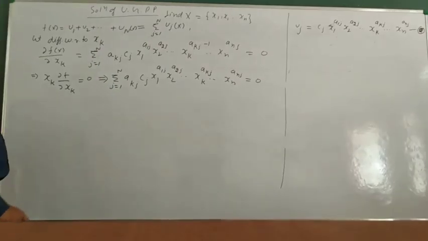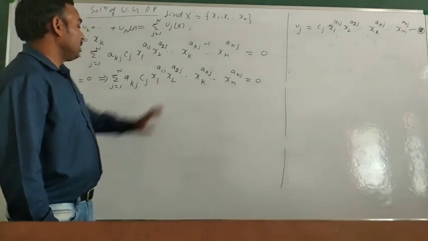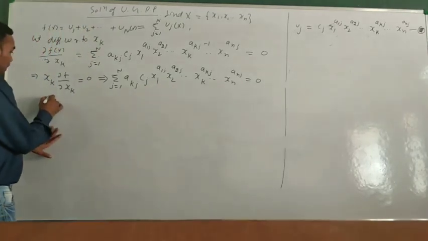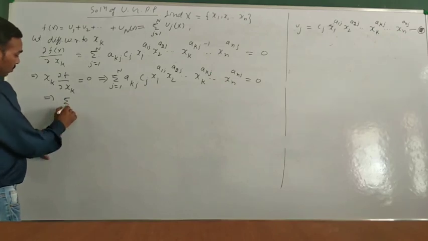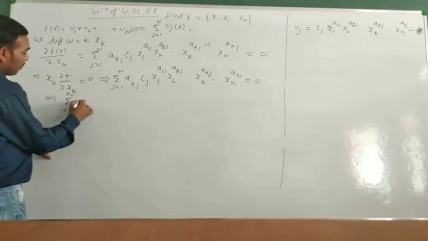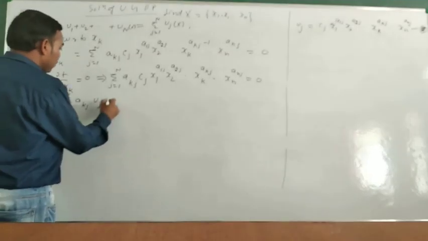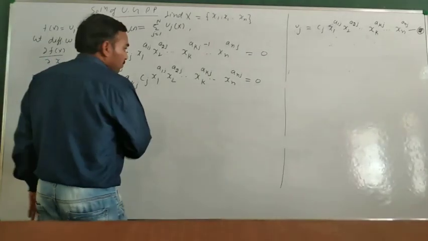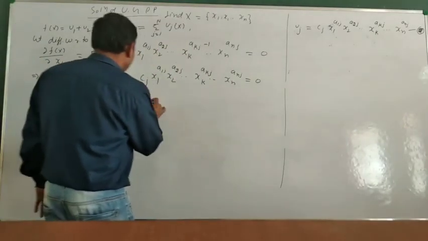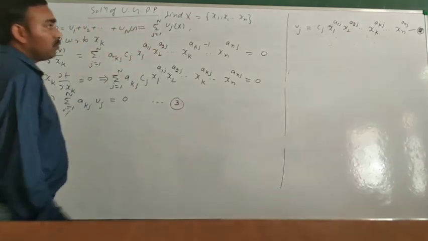And this is the term uj. So simply we write the sum over j equal to 1 to n of akj uj equal to 0, and give it number 3.